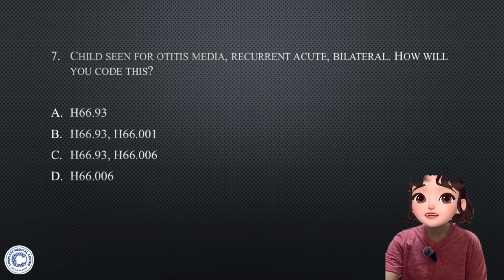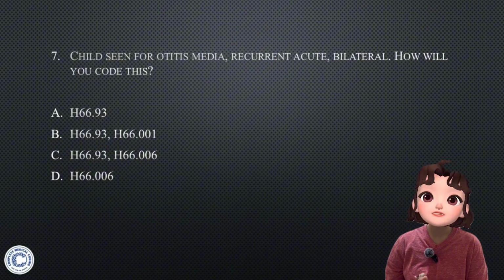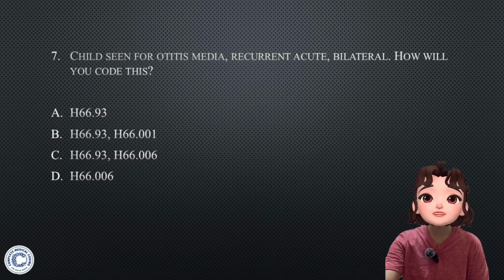Now, if you go to option D, acute suppurative otitis media, yeah, this is the one which we need. H66.006. This is the code we need. Acute suppurative otitis media with spontaneous rupture of eardrum. That is an extra thing which is mentioned in the description. That's fine. Recurrent bilateral. Yes, that recurrent term we need. So this code is the same as in option C, H66.006.